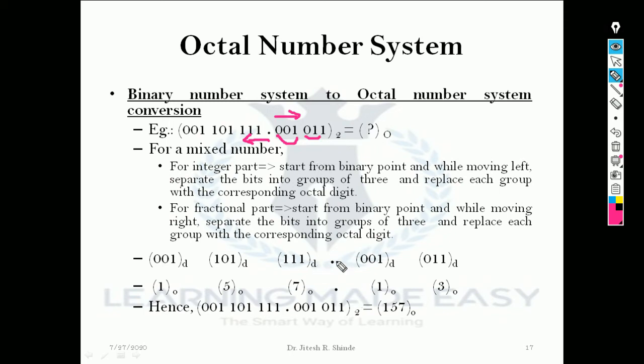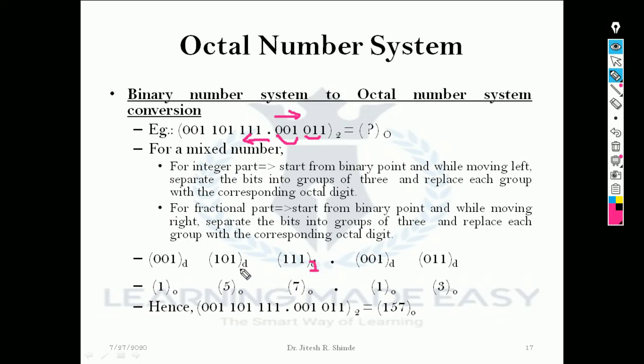For example, here before the radix point, the groups have been formed. Moving in the left direction, groups of 3 mean 111, 101, 001. For this 111, the equivalent is, instead of D, 7 should be coming here.